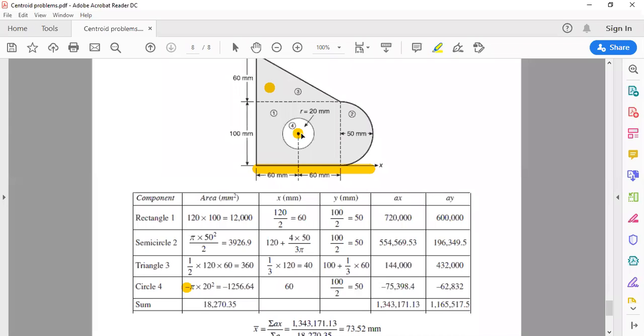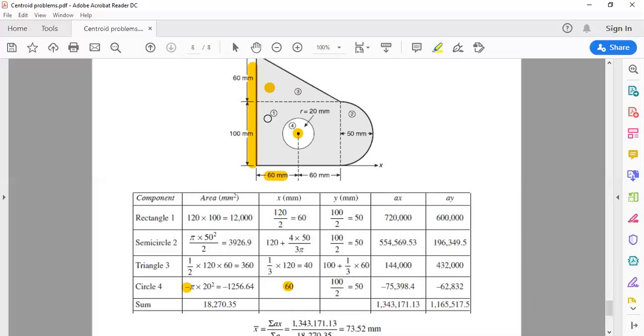Now next I want x bar and y bar of the circle. So x bar is measured from the reference y-axis. The distance of the centroid of the circle from the reference y-axis is 60. You can see the dimension is given here as 60 mm, therefore we can denote it as 60 directly.